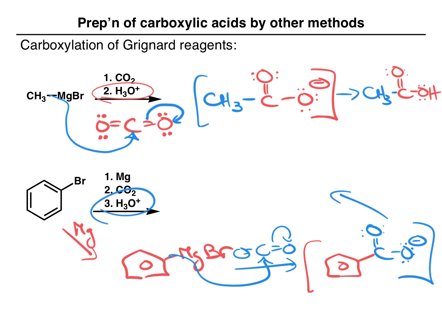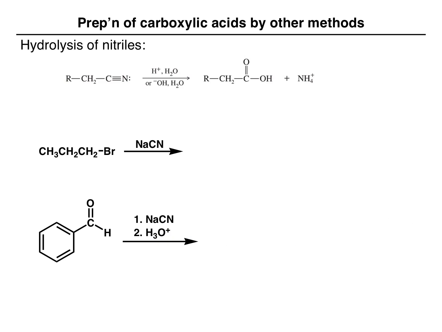And then with aqueous acid workup, the carboxylate will grab off a proton from the H3O+, leading to the isolation of this carboxylic acid. Notice with both of these examples, if you compare our Grignard reagent to our carboxylic acid product, we have one additional carbon.